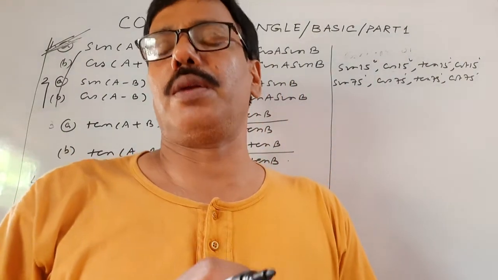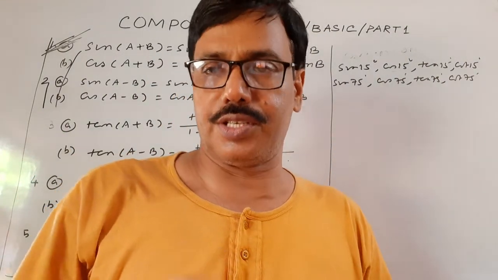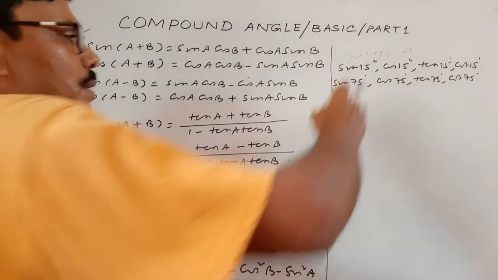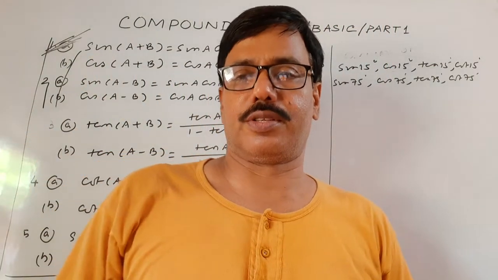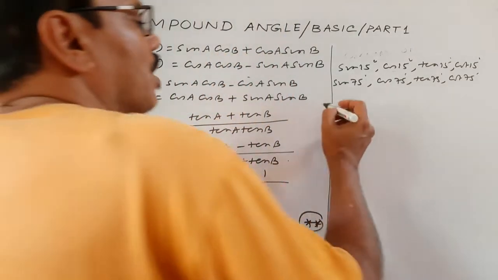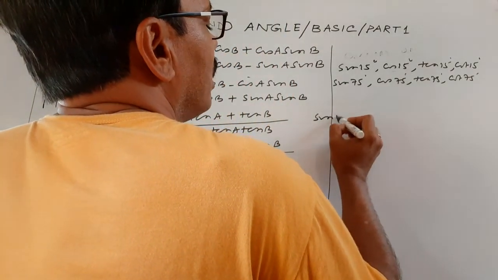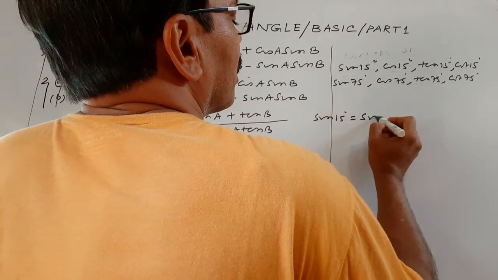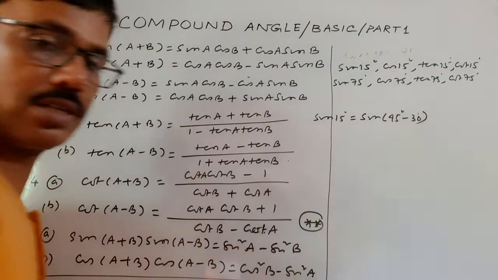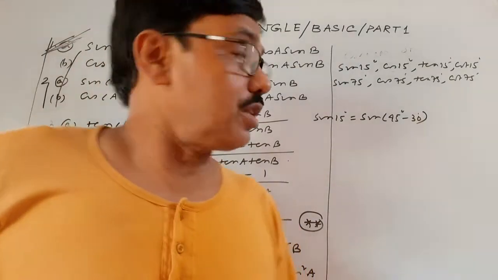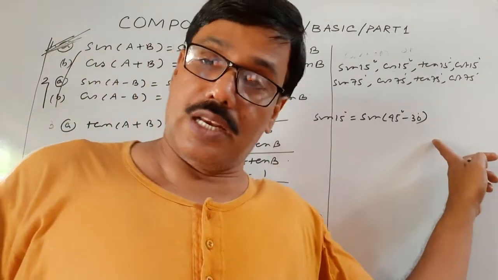We know 45 degree, 30 degree, 60 degree. So express 15 degree in terms of known angles. Suppose sin 15. So sin 15 degree equals sin(45−30).